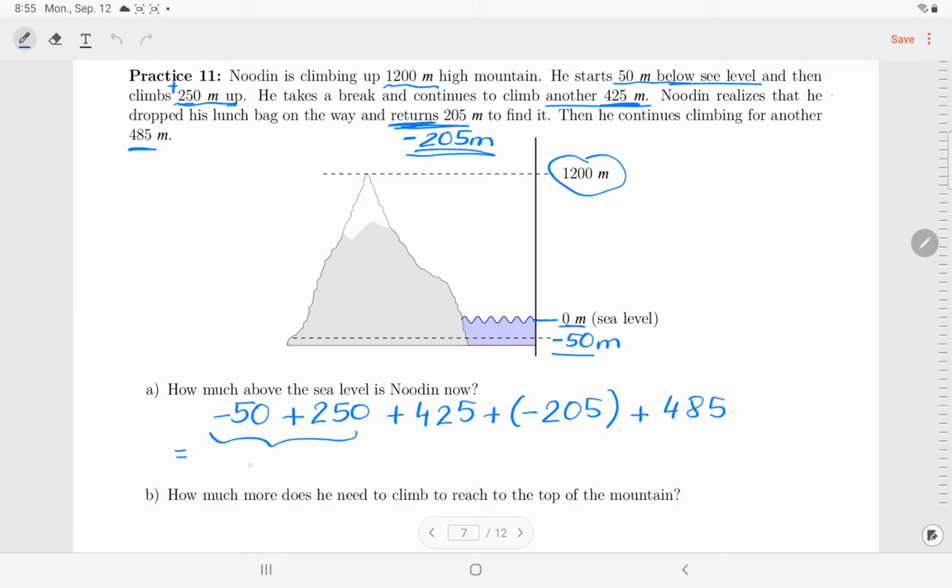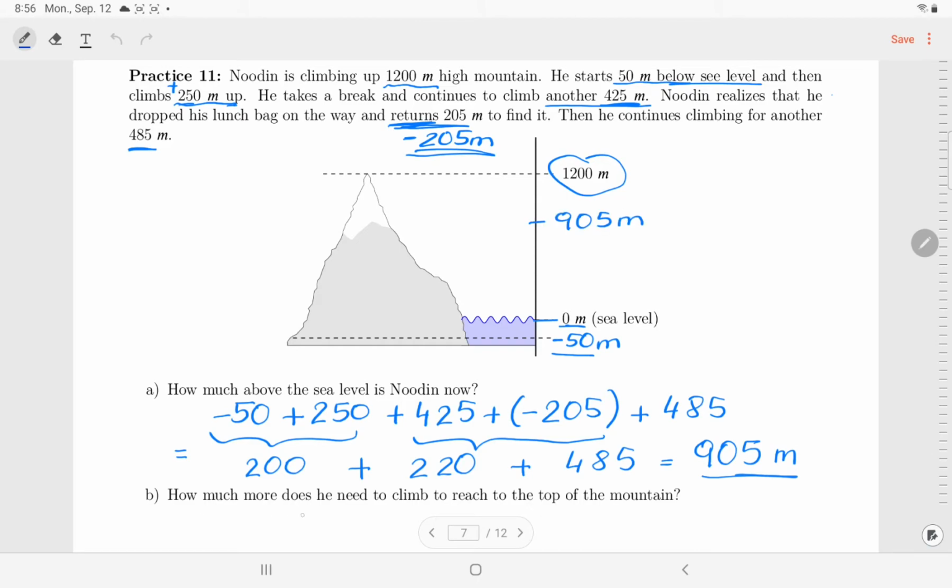So that's 200 meters plus 425 minus 205, that's 220 meters plus 485. Altogether, it's 905 meters. So Nudin is 905 meters above sea level.